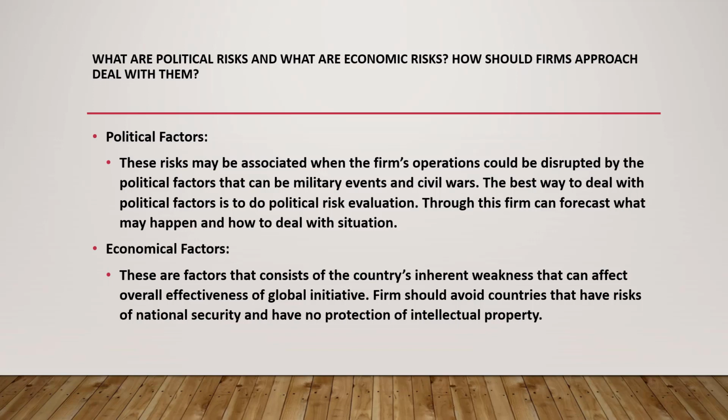Economic factors. These are factors that consist of countries' inherent weakness that can affect overall effectiveness of global initiative. The firms should avoid countries that have risks of national security and have no protection of intellectual property.